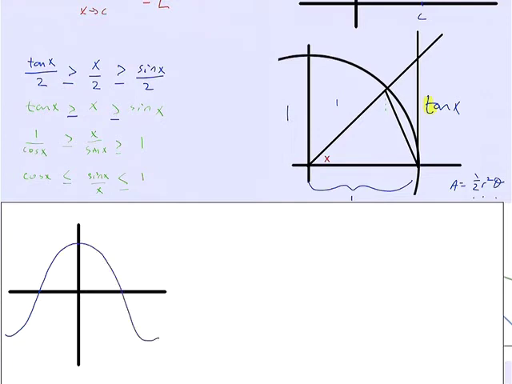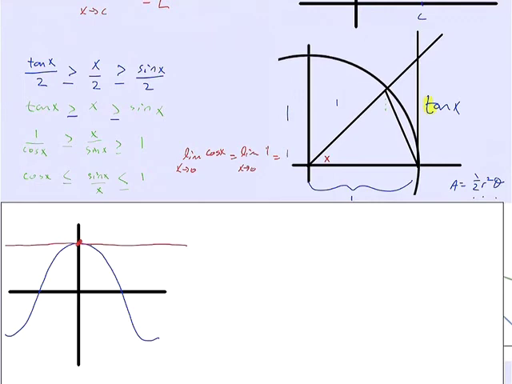Y equals 1, of course, just looks like this. And notice how when x is approaching 0, they're approaching the same thing. The limit of the cosine of x as x approaches 0 is the same thing as the limit of 1 as x approaches 0, and both of those are just equal to 1.